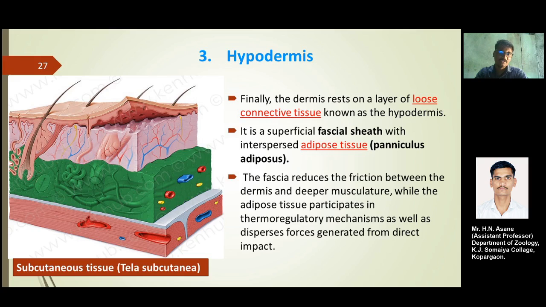Okay, so this will be part three for the skin, in which we are going to focus on the hypodermis. The hypodermis is the third layer, where the dermis rests on a layer of loose connective tissue.